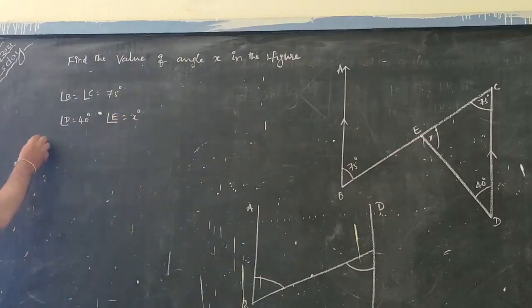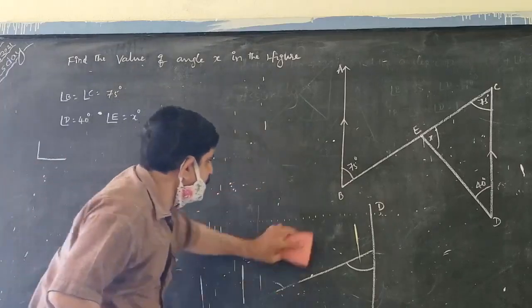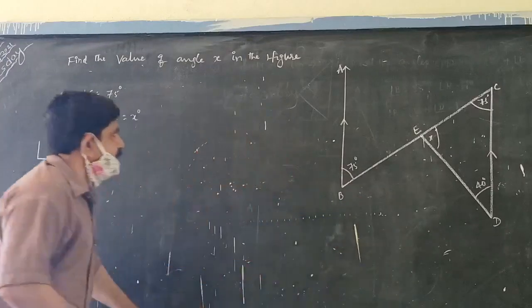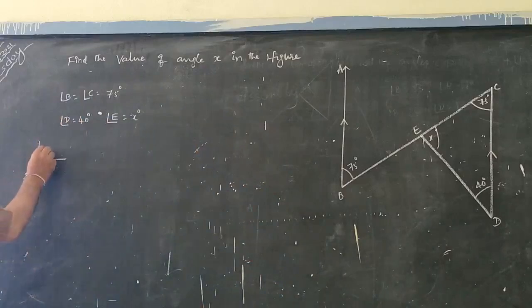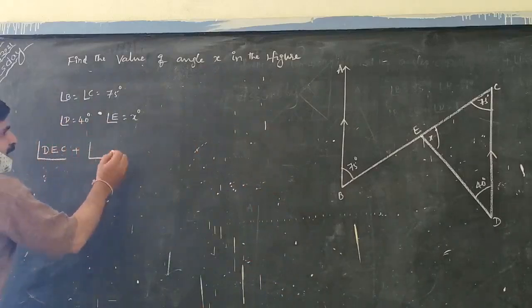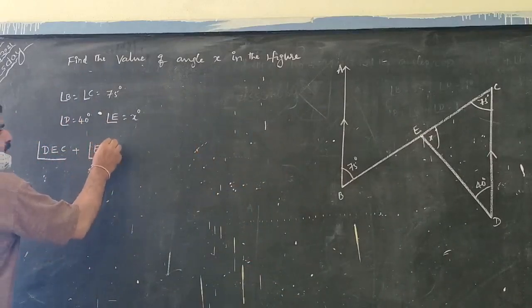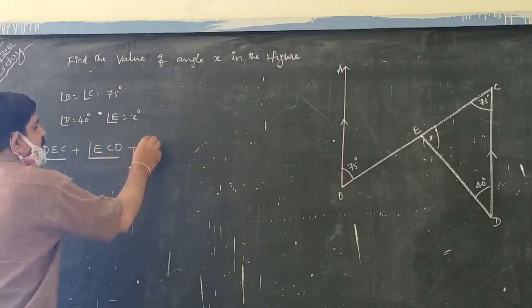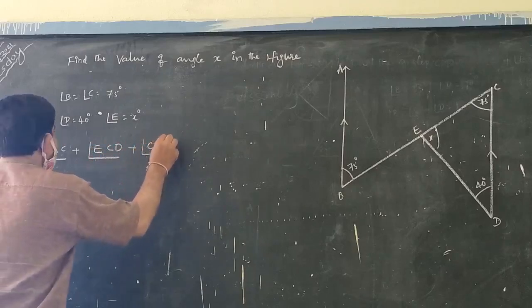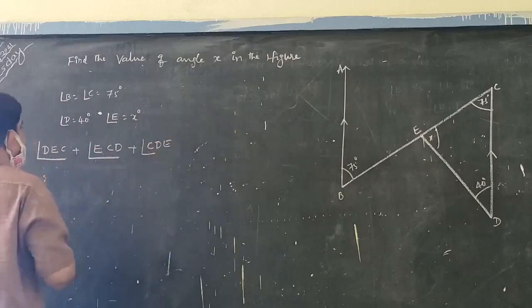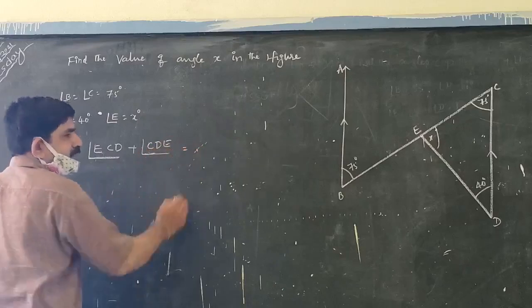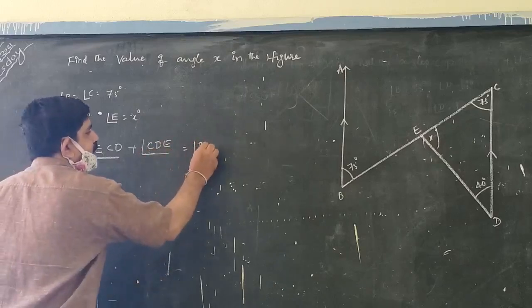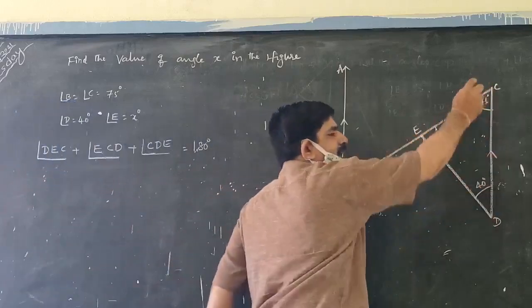Now we know that angle DEC plus angle ECD plus angle CDE is equal to how much? 180 degrees, because this is a triangle.